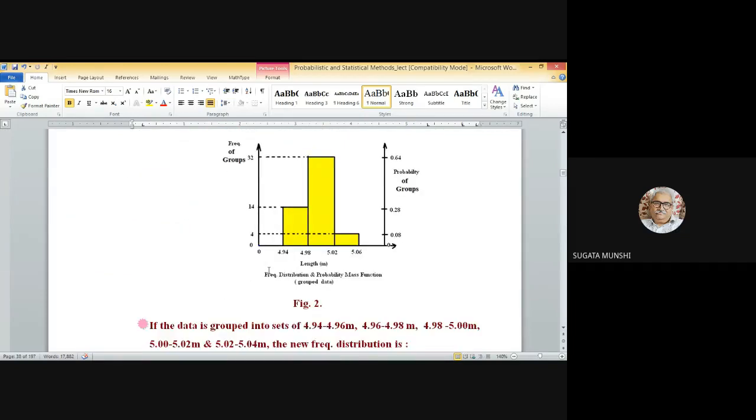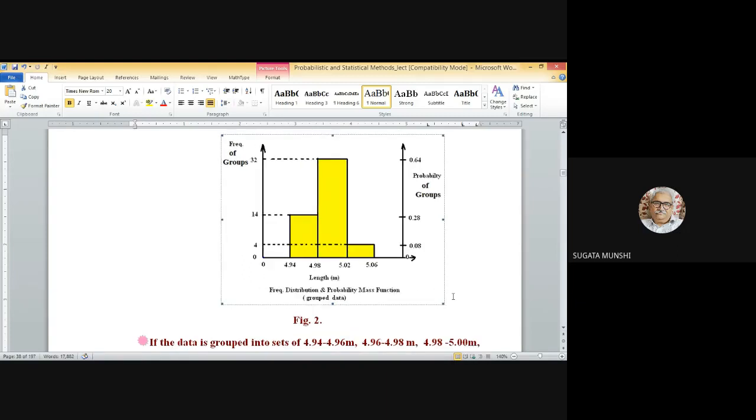So this is for the grouped data. We have grouped the data into 3 groups.